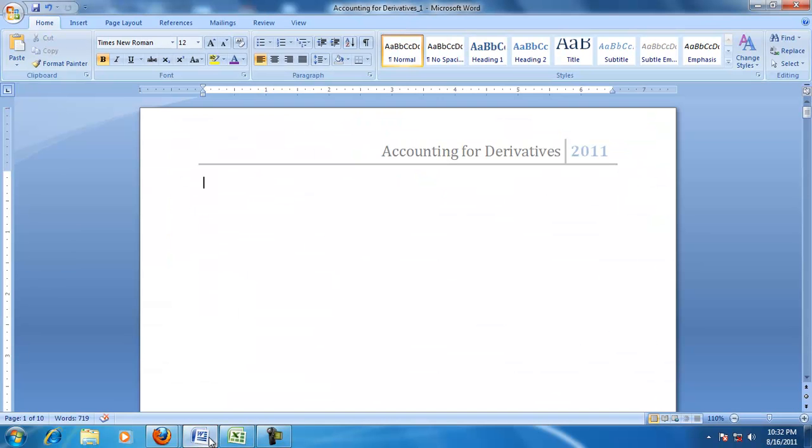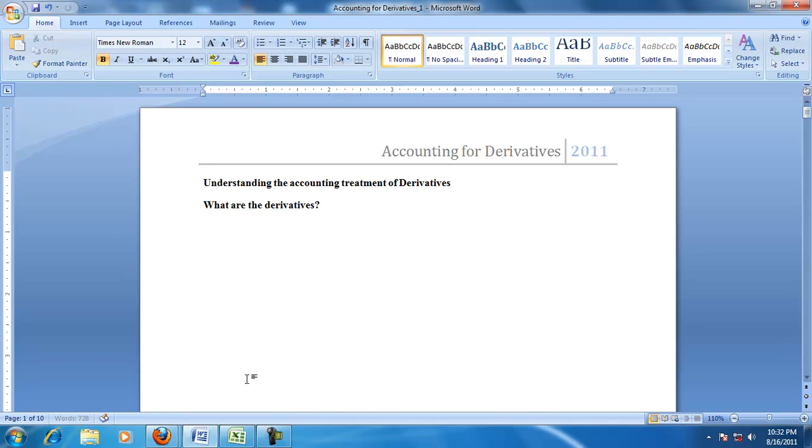Our focus in today's class is understanding the accounting treatment of derivatives. Some of the questions we'll try to understand: what are derivatives?